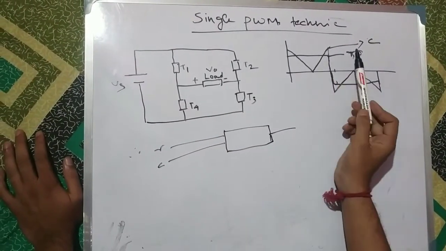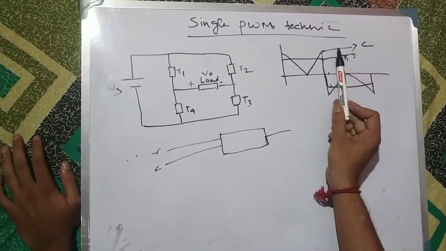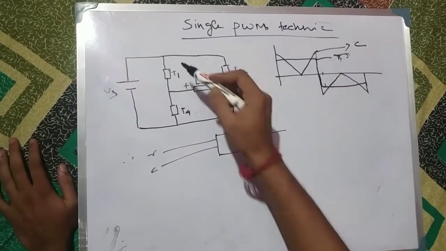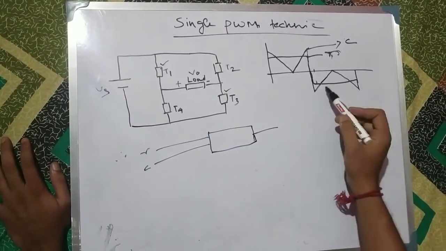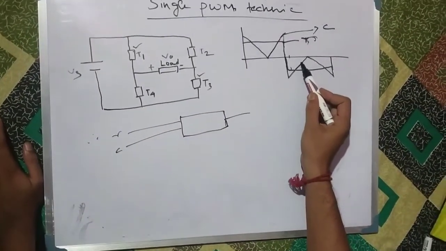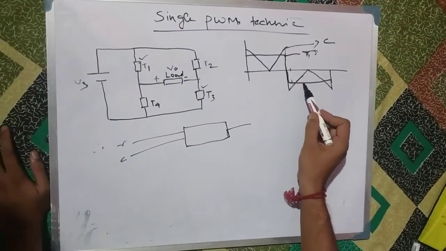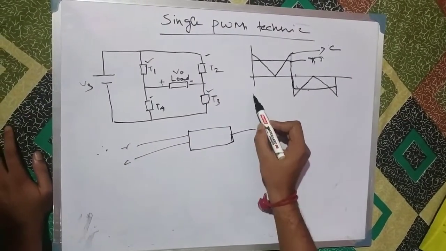When the reference signal value is greater than the carrier signal, then T1, T3 will be on. And for the negative cycle, when the carrier signal value is greater than the reference signal, then T2 and T4 are on.